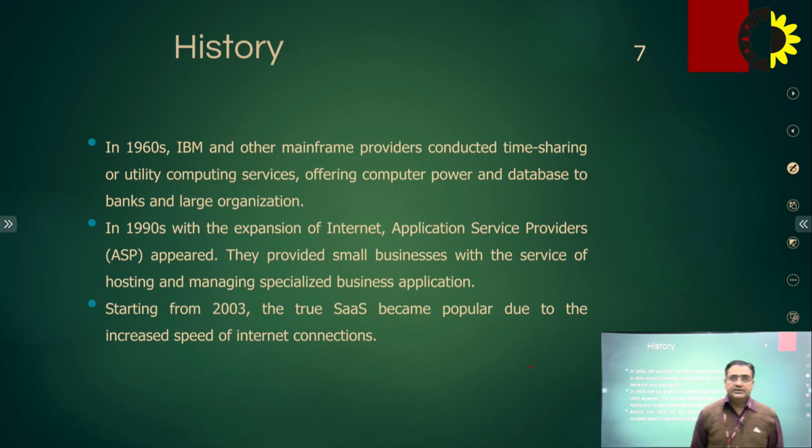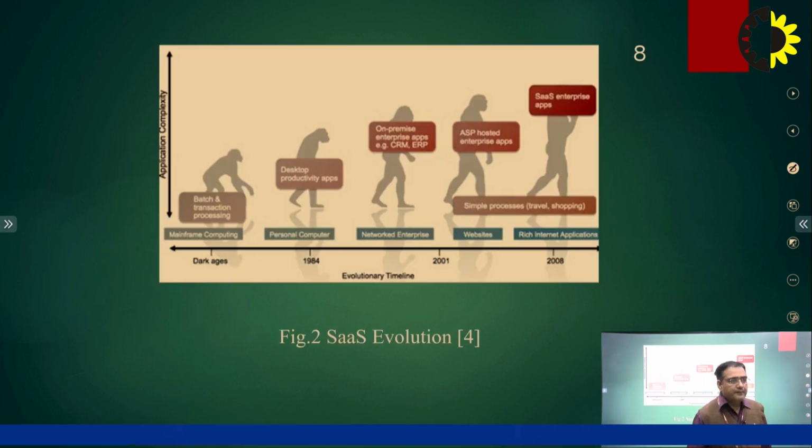Before 20 years, you were using 2G, then you could get 3G, then 4G, that is LTE, then VoLTE, then 5G. Time to time the speed of the internet has increased, and if the internet speed increases, the services which we get from the cloud-based companies you can get faster. These are the evolutionary timeline for SaaS, software as a service evolutions.